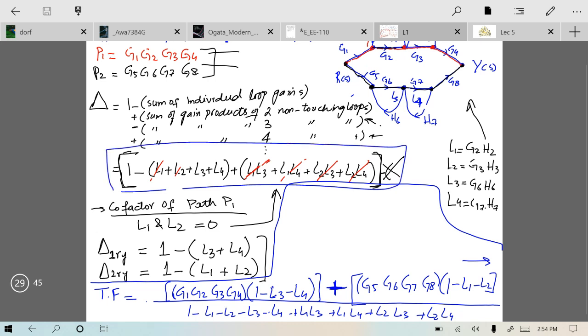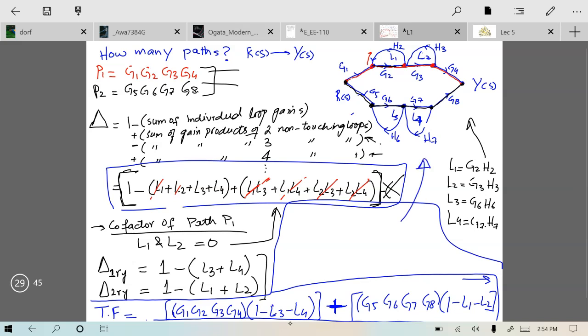So for the overall transfer function, if you put in the values of L3, L4, you can obviously find the transfer function in terms of G and H. So with the help of Mason's rule, we have found the transfer function of this system.